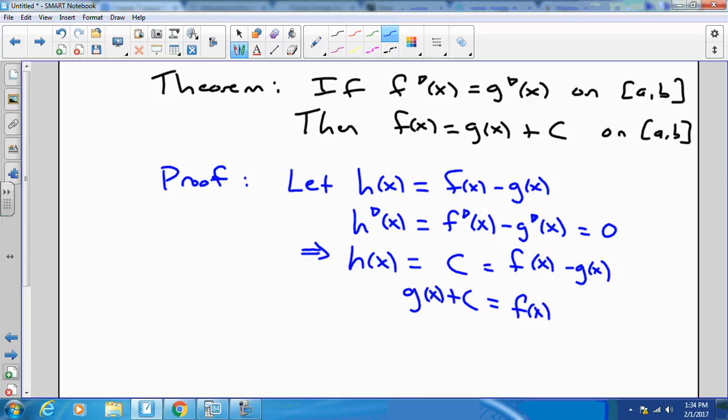If I ask you, what is the function whose derivative is 3x squared, the answer is x cubed plus a constant. There are no others. If I ask, what is the function whose derivative is secant squared x, the answer is tan x plus a constant. There are no others.